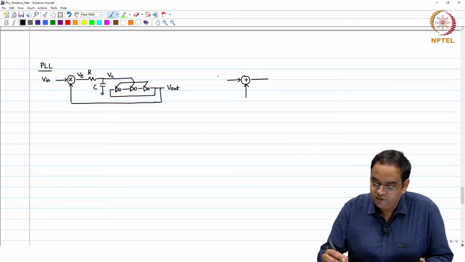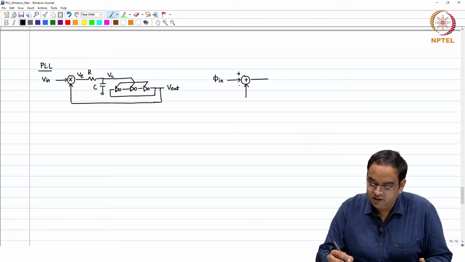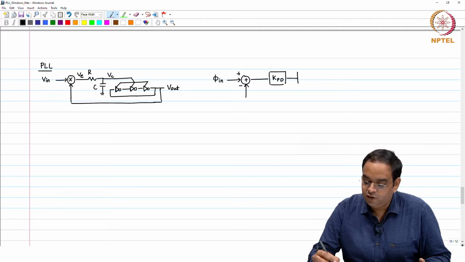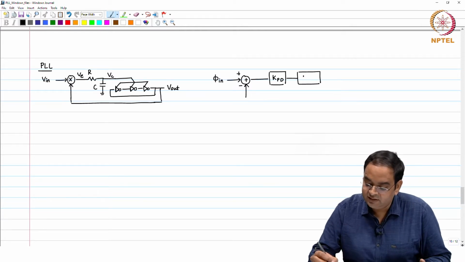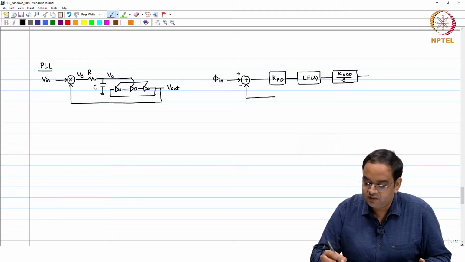You have the phase error detector which takes input phi in, this is positive, this is negative, and it goes through a block whose gain is K PD, followed by the loop filter which is modeled using R and C here with transfer function loop filter of S, then followed by the VCO whose transfer function is K VCO by S, and the output of this is fed back. This is phi out.